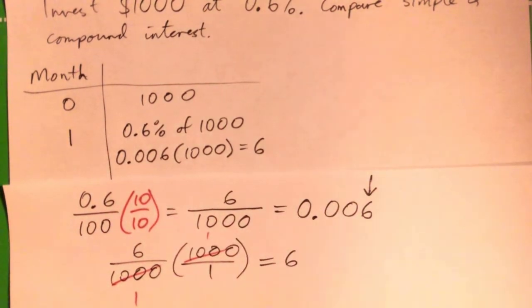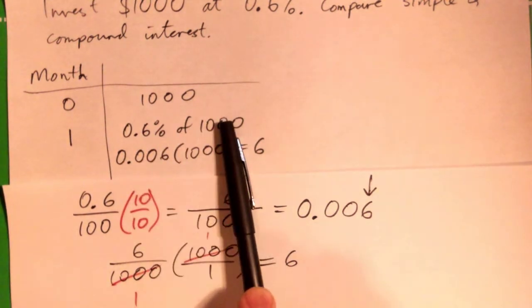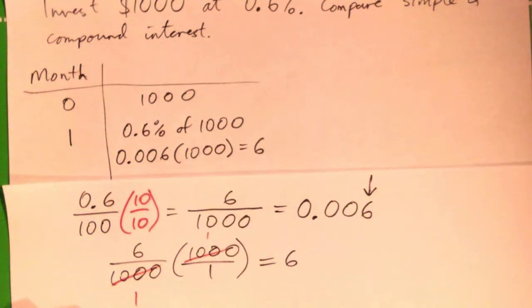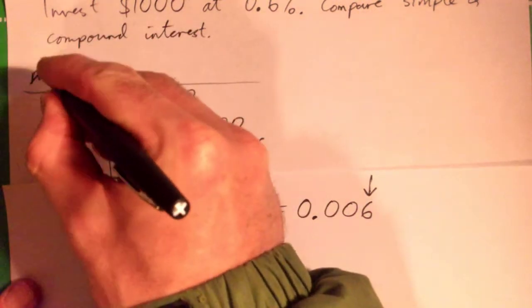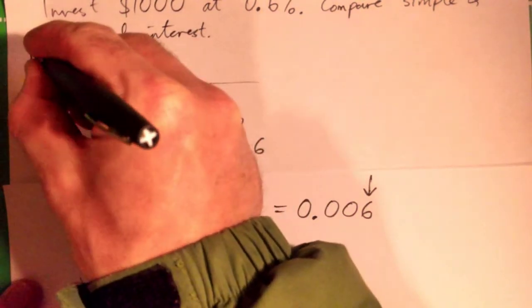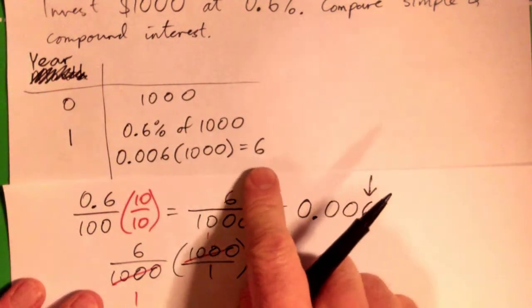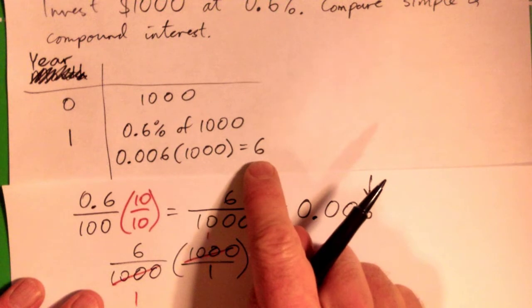So long story short, we have to make sure we understand the interest on $1,000. And one thing I've messed up here is this should be years, not months. Sorry. Years. So the interest on $1,000 at the end of the year is $6. Okay.